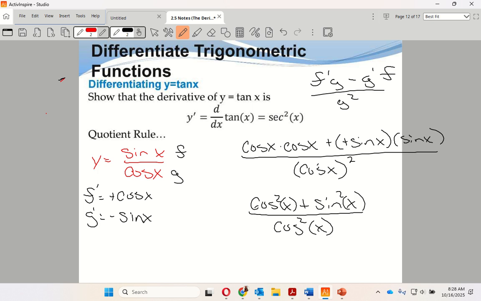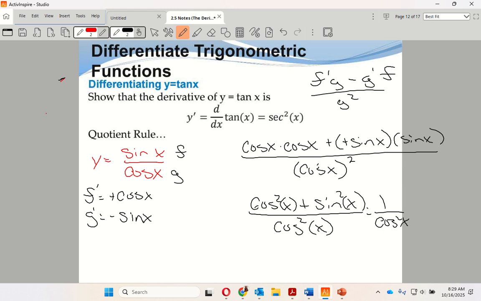And what is the one thing that we always forget about that trig identity? Yep, cosine squared plus sine squared equals 1. So this is going to give me 1 over cosine squared x. Now 1 over cosine is a reciprocal identity.